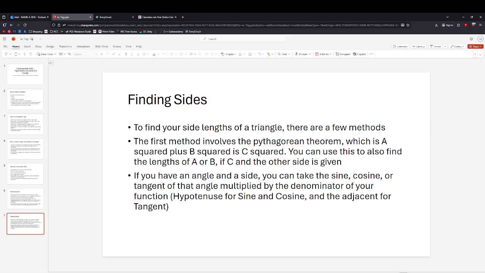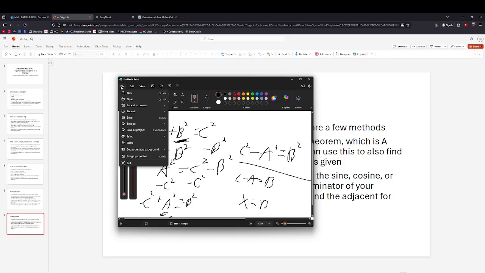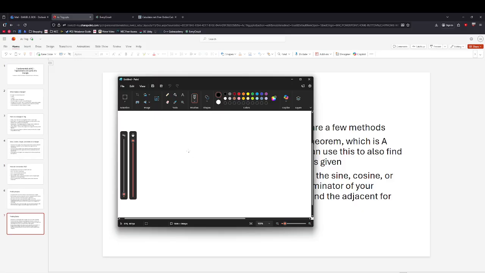Now, to find another side if you have an angle, what you do is you take your sine, cosine, or tangent, depending on what values you have. Obviously, you go by your denominator in this case, which, once more, is the bottom half of the fraction. For sine and cosine, their bottom is going to be the h.